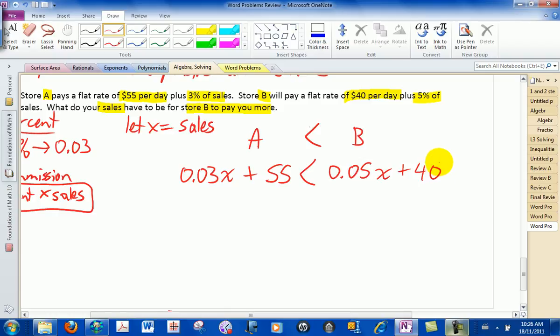Okay, solve for x. The first thing I would do is get rid of my decimals by multiplying them by 100. Go for it. It's a race. You can do it. If I can do it without my calculator, without making a mistake this time, that'd be awesome.